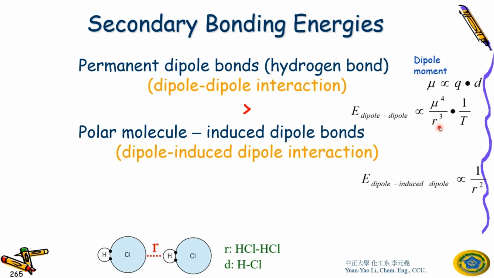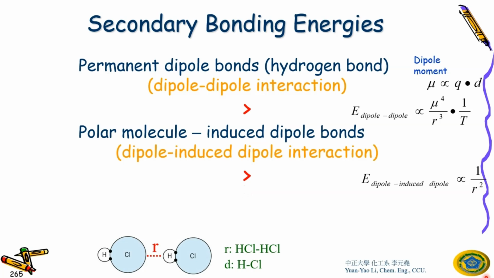I need you to remember that there are three important factors here: R, the distance between molecules, D, the distance between atoms, and the temperature. The energy is proportional to these three important factors.